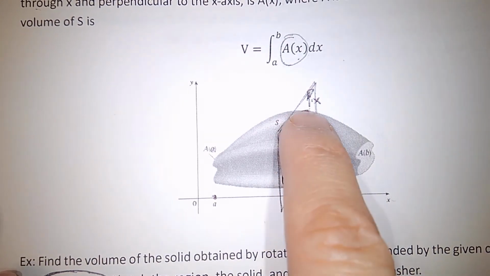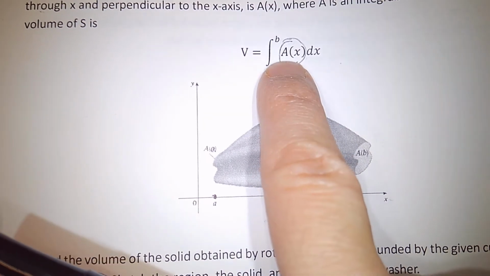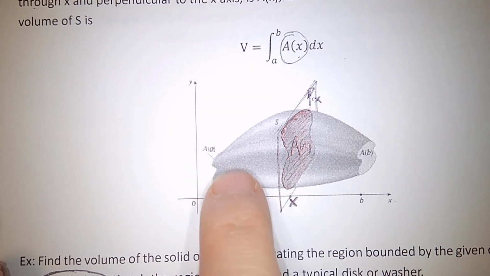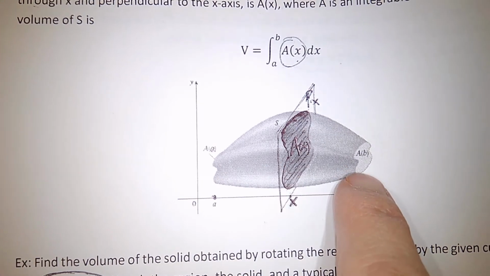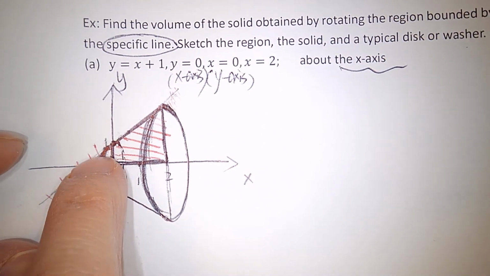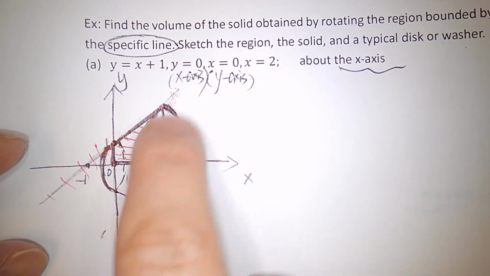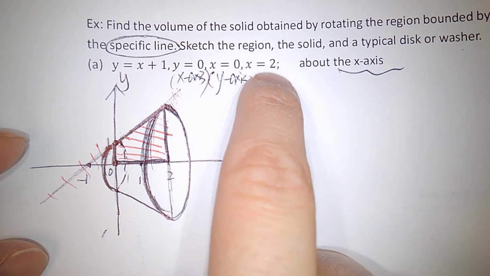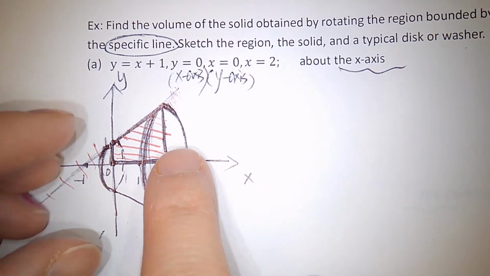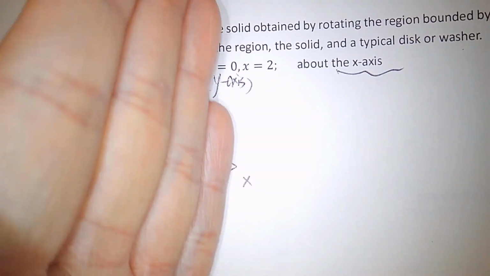Then we figure out the area of this intersection, which is A of x, and then we integrate from a to b. Now, for our solid, x varies between where and where? 0 to 2, right? Because this solid is bounded between x equals 0 and x equals 2.